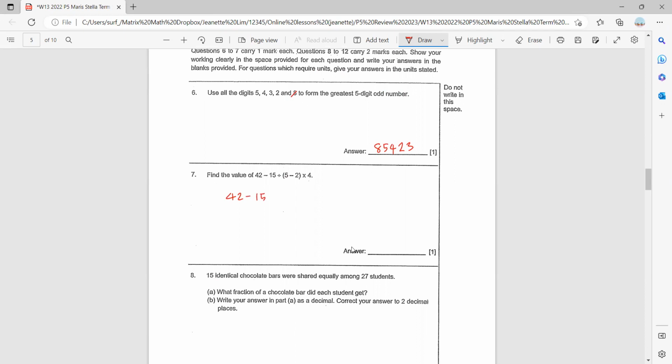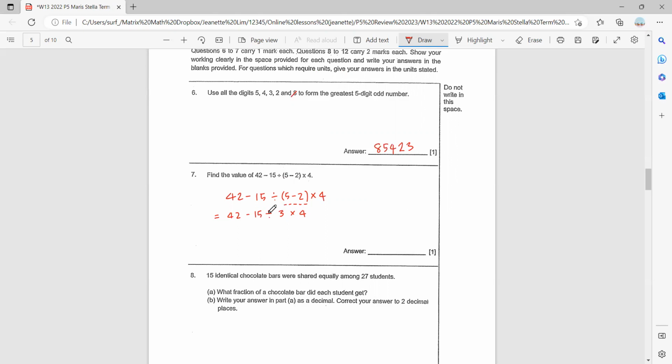Next, 42 minus 15 divided by the bracket 5 minus 2, then times 4. What should we do first? You should do the bracket first. So 5 minus 2 is 3. Now you have minus, divide, and times. Divide and times come first. When you have divide and times, do it from the left side.